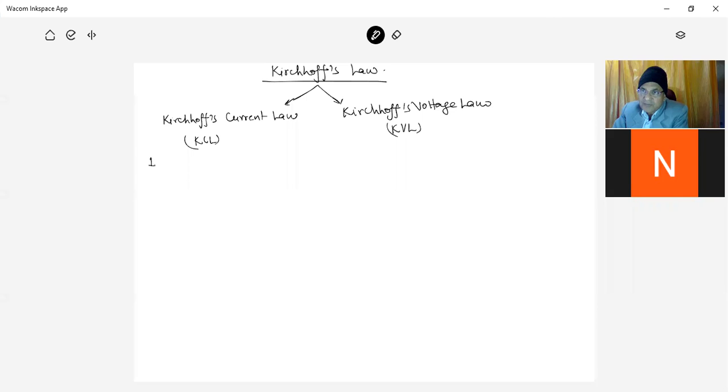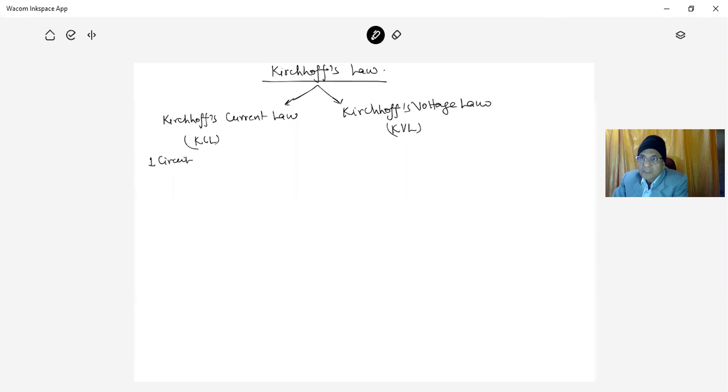The first law for the circuit, that is, suppose this is the point, and here it is the current coming to the point, here it is receding. So you can say incoming current, and here it is outgoing current. This is I1, here it is I2, this is I3, I4, I5.